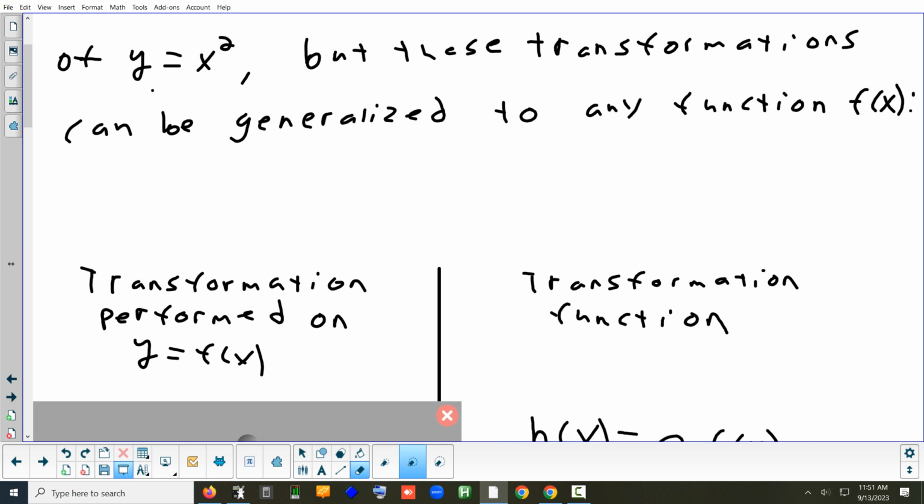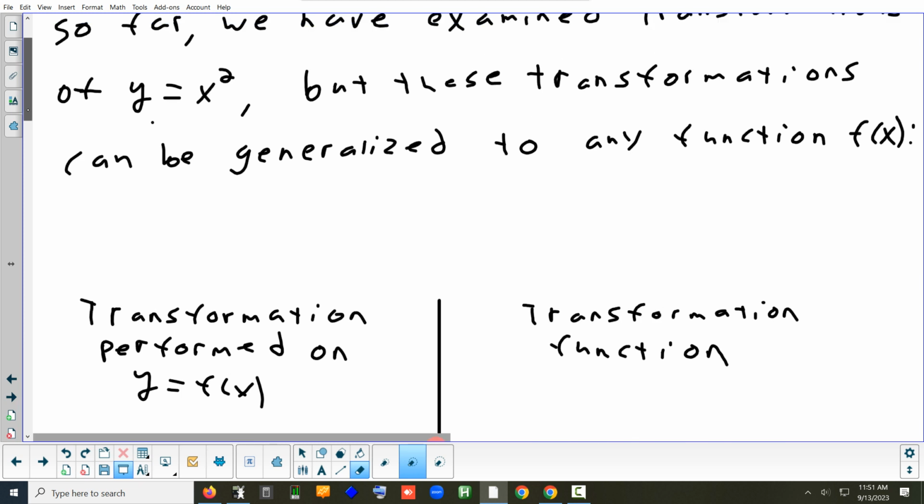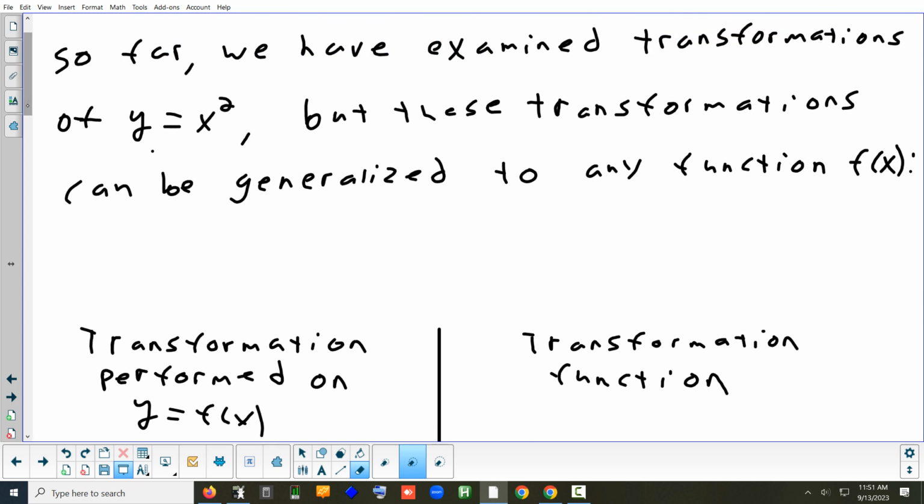I'm going to show you the one on the right, and I'm going to see if you can tell me the name of the transformation on the left. First, I'm waiting. Does anyone still need to copy down the chalkboard?